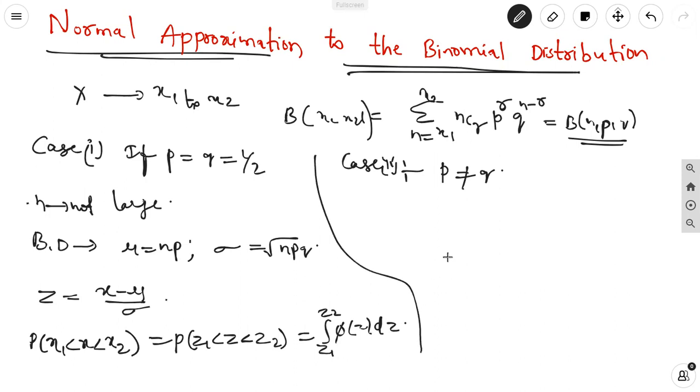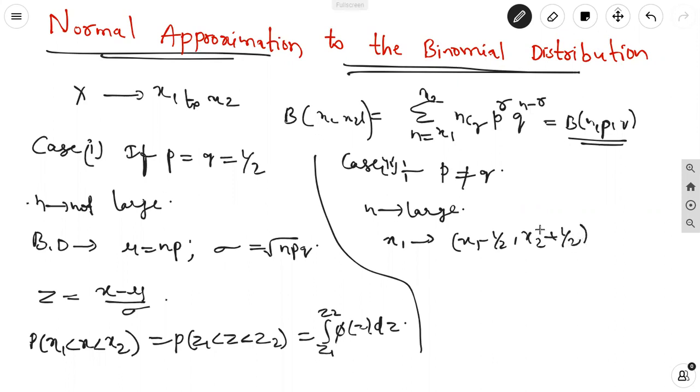In case 2, if p is not equal to q and n is large, then we can approximate the binomial curve by the normal curve and calculate the probability for any number of successes x in the real interval (x1 minus 1/2, x2 plus 1/2).